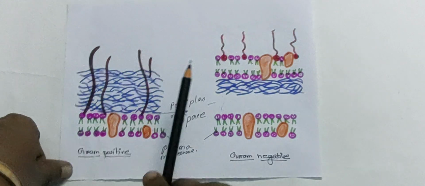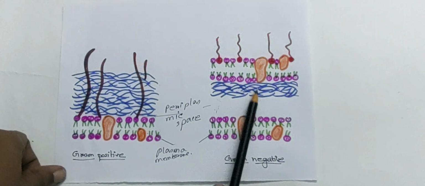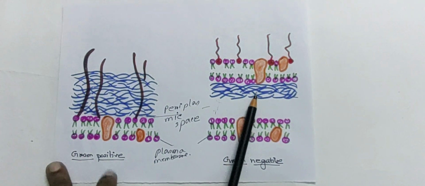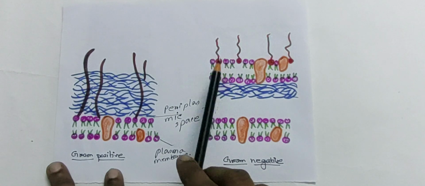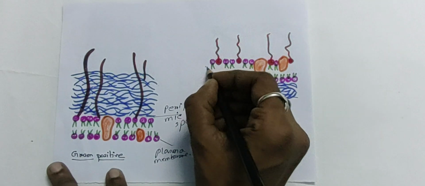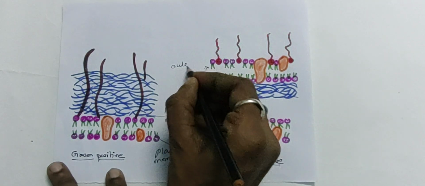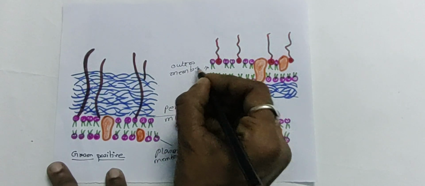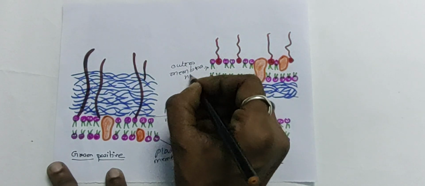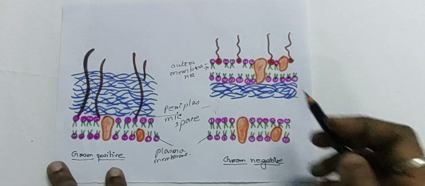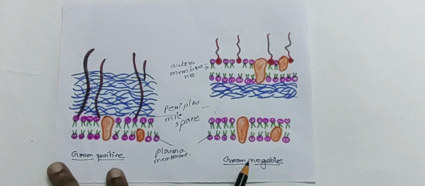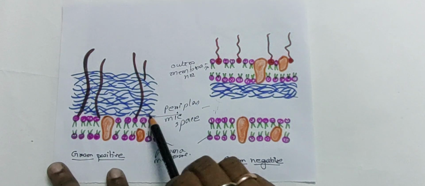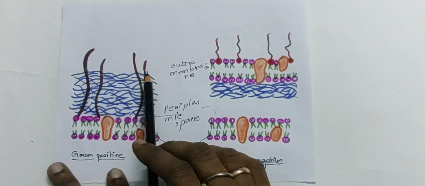Another difference is that gram negative bacteria have another membrane. That membrane is called the outer membrane. This is the outer membrane. It is found only in gram negative bacteria, but gram positive bacteria don't have any outer membrane.